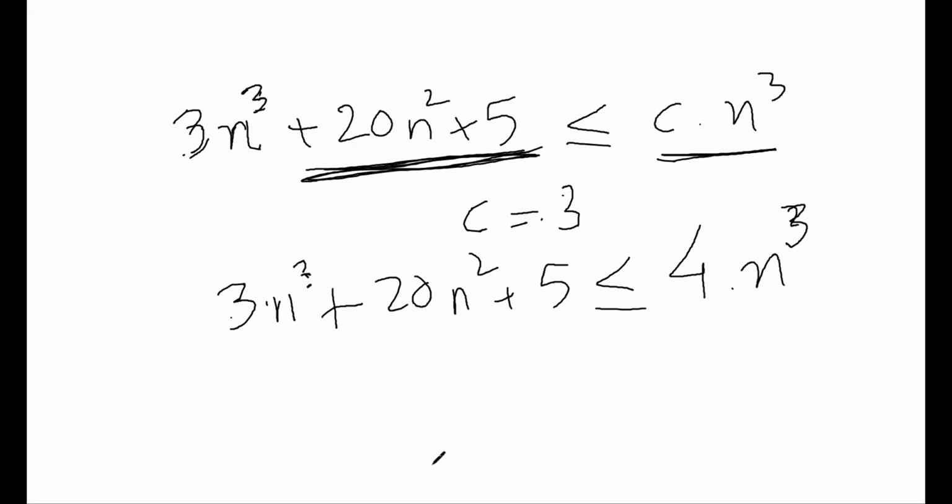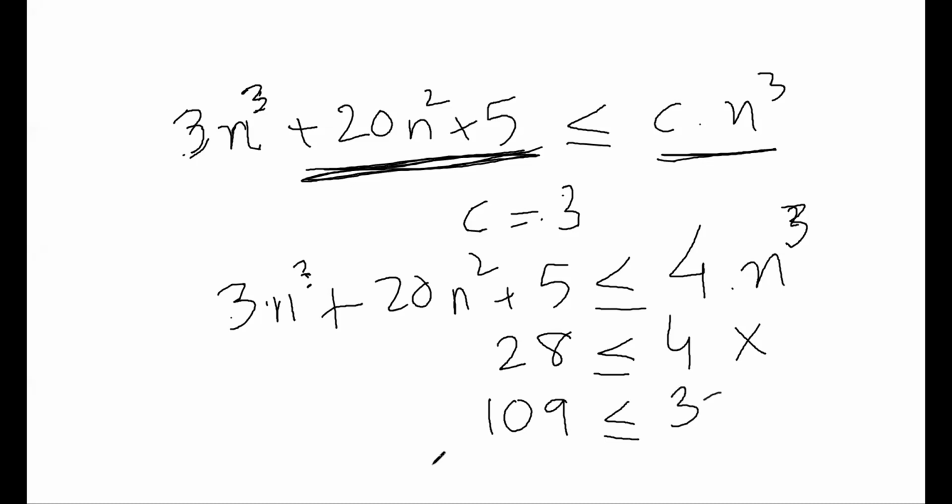If n is 1, you get 3 plus 20 plus 5, which is 28, less than or equal to 4. Not true. If n is 2, you get 24 plus 80, which is 104, 109, and that is again wrong.